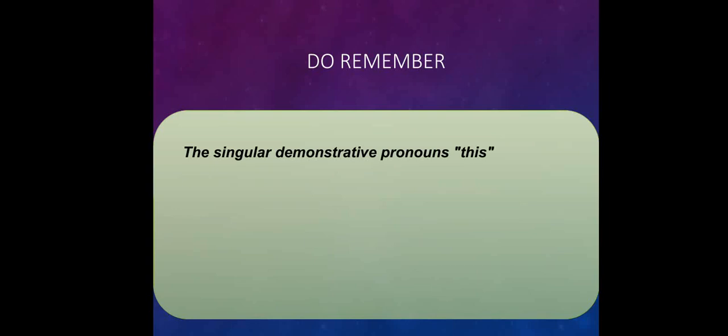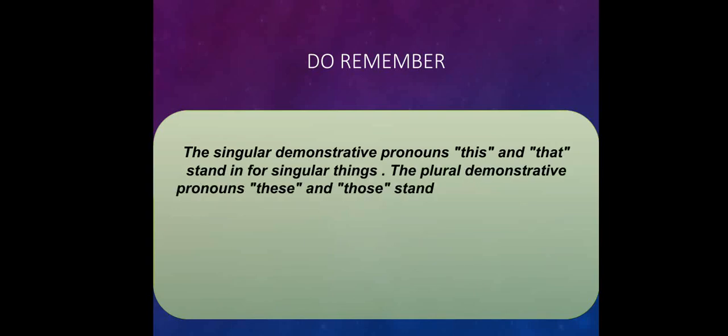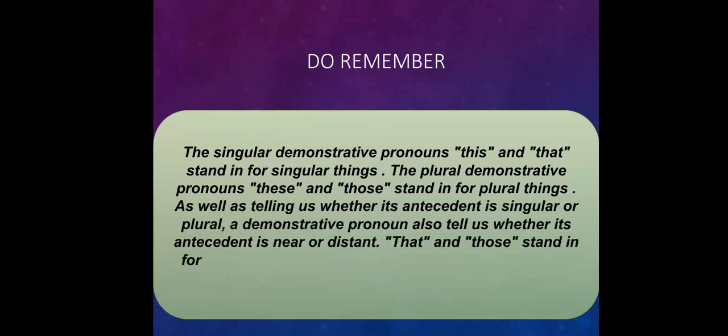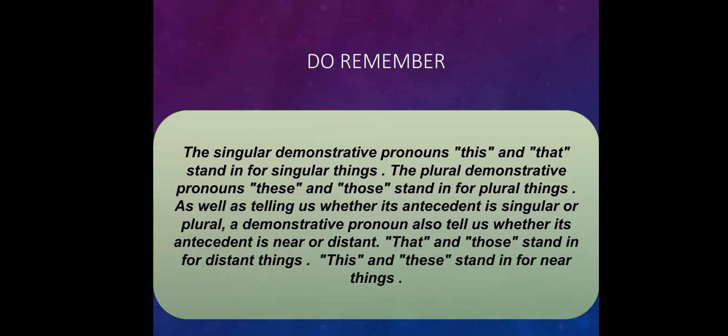Do remember, yes, the singular demonstrative pronouns this and that stand in for singular things. The plural demonstrative pronouns these and those stand in for plural things, as well as telling us whether its antecedent is singular or plural. A demonstrative pronoun also tells us whether its antecedent is near or distant.